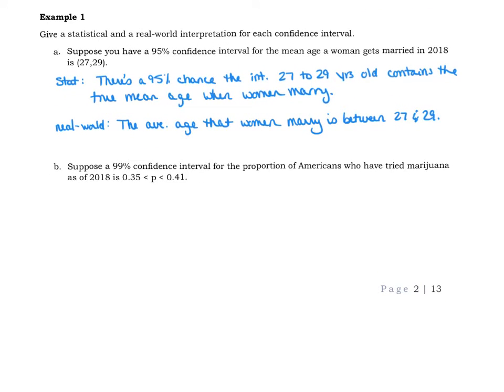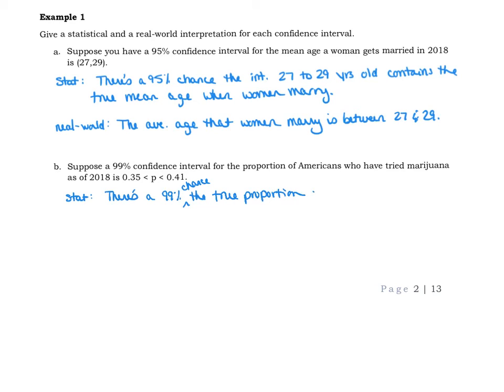Okay, so one more here. We have a 99% confidence interval this time for the proportion of Americans who have tried marijuana as of 2018. It is between 0.35 and 0.41. So the statistical interpretation, again, would be there's a 99% chance. The true, now this is not a mean, this is a proportion, so you can say the true proportion. You could say percentage as long as you write your answers as a percentage.